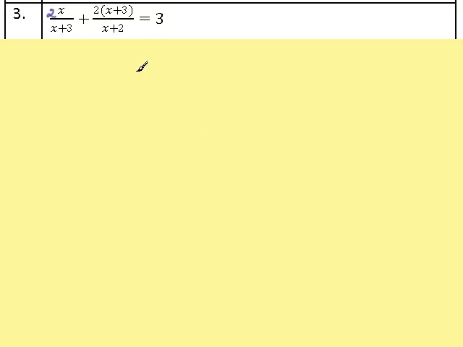In number 3, we have denominators x plus 3 and x plus 2. So we're going to start by clearing out the denominators and multiplying both sides by x plus 3 times x plus 2.